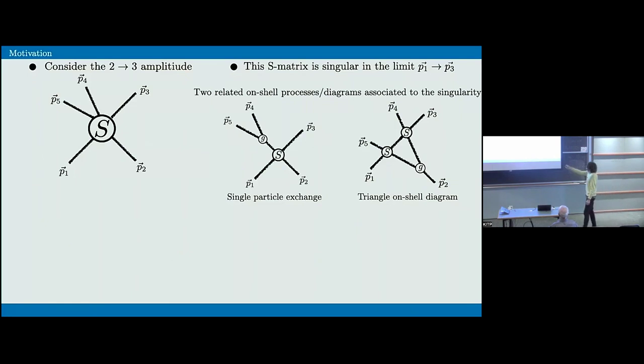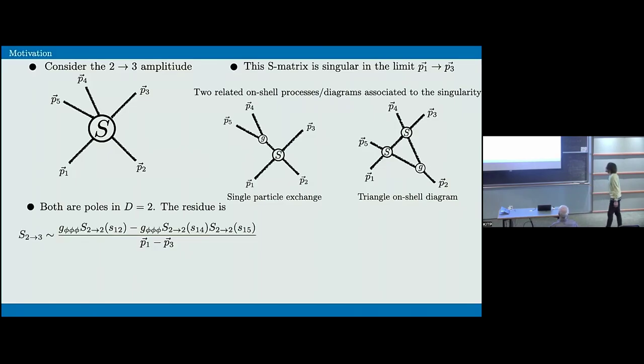It turns out that both of these diagrams contribute as poles in 2 dimensions. The residue is the following. The single particle exchange has a residue proportional to the cubic coupling times the S matrix evaluated at the Mandelstam S12, the incoming energy here, while the triangle has a residue proportional to the cubic coupling times 2 factors of the S matrix evaluated at S14 and S15.